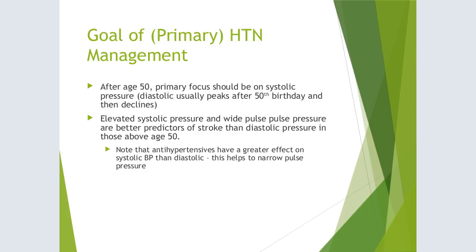An elevated systolic pressure with a widening pulse pressure are better indicators of stroke than diastolic pressure in those above age 50. Okay? So if you look at their pulse pressure and their systolic pressure, it is a better indicator of stroke if they are elevated, as opposed to those under the age of 50 years.